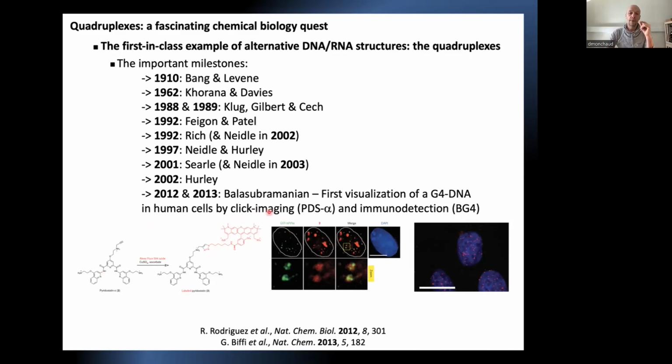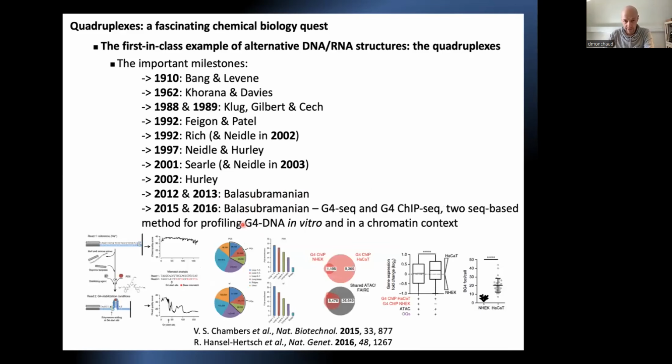And these results were further supported in 2013 when Shankar published the BG4 antibody, the well-known BG4 antibody, and he was able to provide some immunodetection of G4 in cells. So these were the first two demonstrations of the existence of G4 in cells. And then from that point, everything went faster.